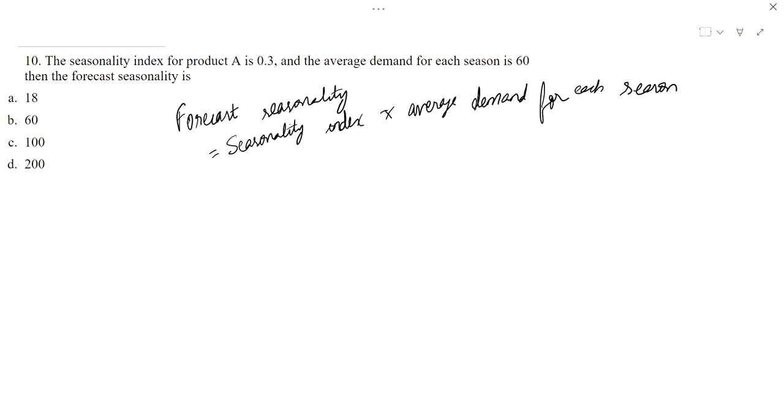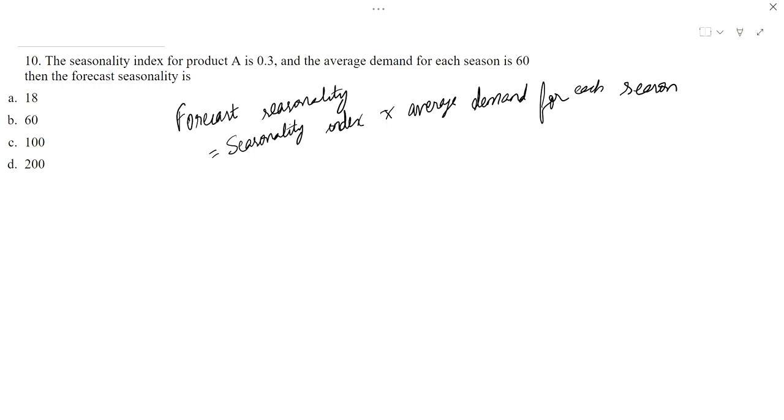We had discussed seasonal variation in our discussion during forecast, where there is demand for a particular product during a particular season, a short-term regular variation.